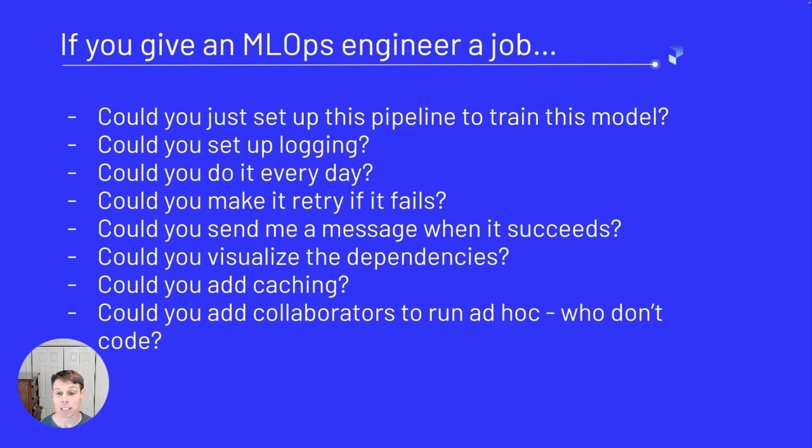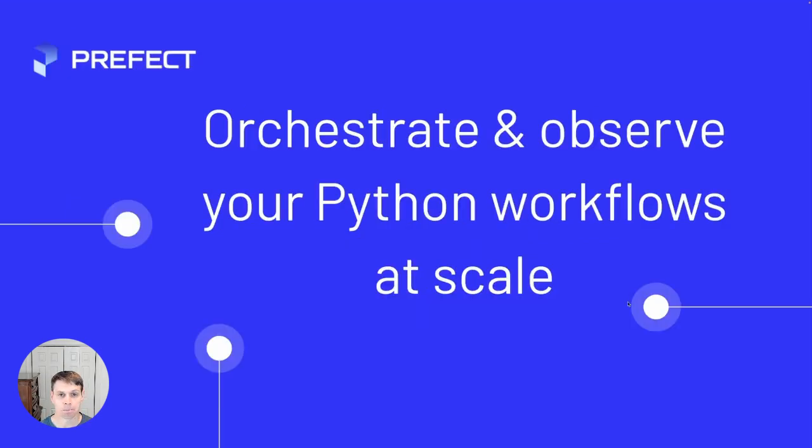Maybe you have somebody who isn't so technical. Maybe they're using some of the work you're doing for more of a business intelligence use case, but they want to kick something off. Can they also run this? Maybe from a UI? Ooh, going to be a lot of work here, right? A whole lot of work. So you often see that people spend lots and lots of time trying to get all these things to work.